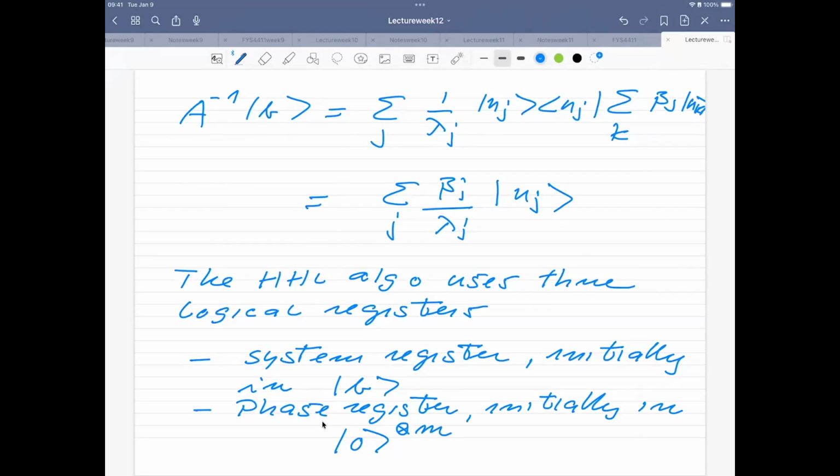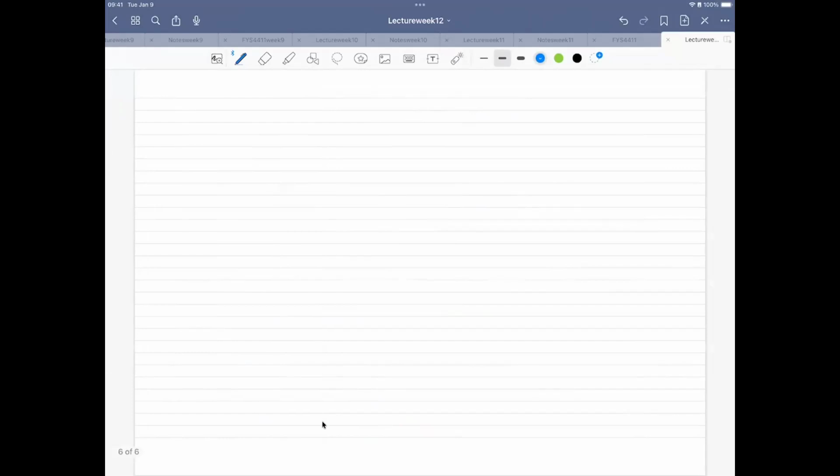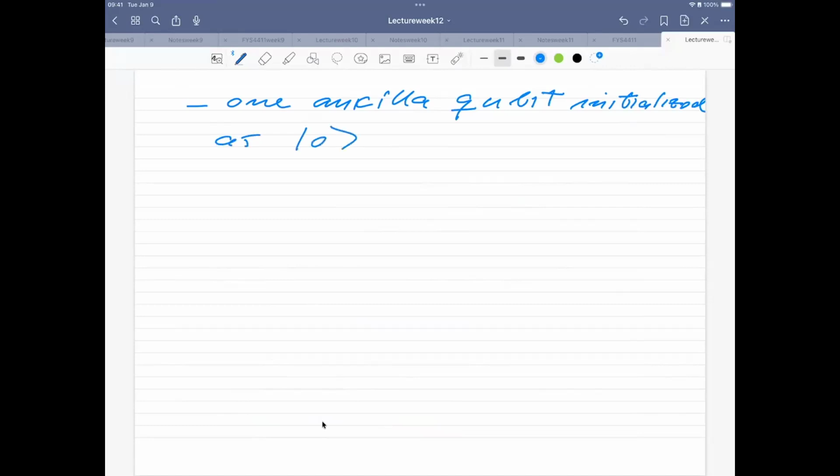So there's a system register, there's a phase register, and then finally, there is something which we will call one ancilla qubit, just one qubit, which is then initialized, sorry, not in 0, but initialized as 0.